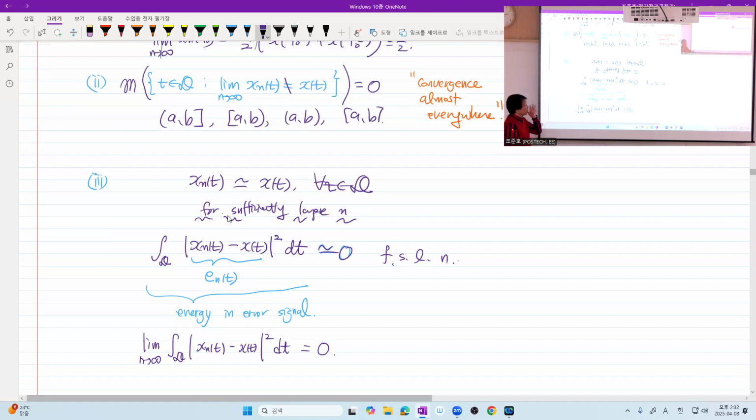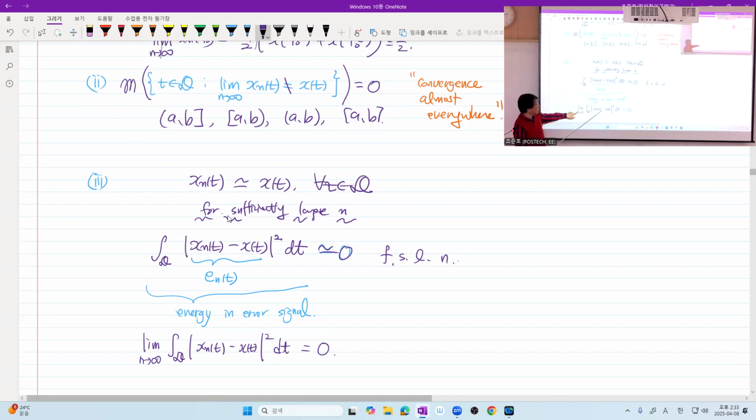Now, let me ask you, in this equality, how many equalities do you have? You have one. Because here, this is a scalar. It's not a function of t any longer, since you have integrated with respect to t, right? So basically, on the left-hand side, you have a sequence of non-negative real numbers, right?